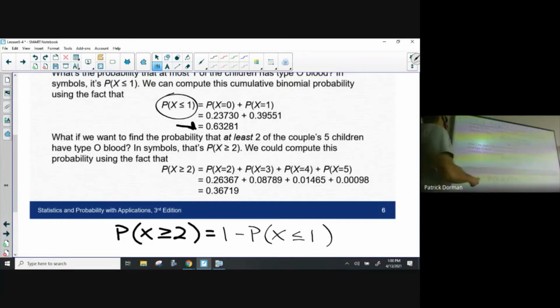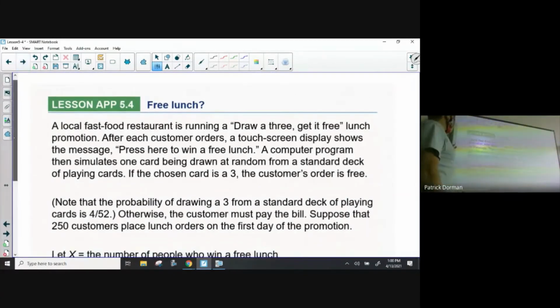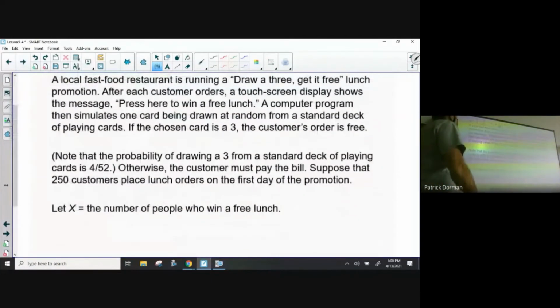All right. Let's do an example. A local fast food restaurant is running a draw 3 get 1 free lunch promotion after each customer orders. A touchscreen display shows the message, "Press here to win a free lunch." A computer program then simulates one card being drawn at random from a standard deck of playing cards.